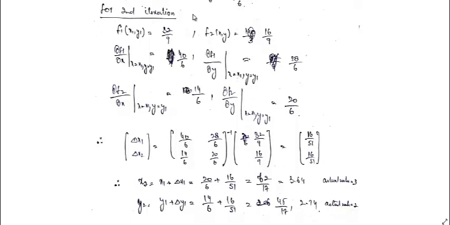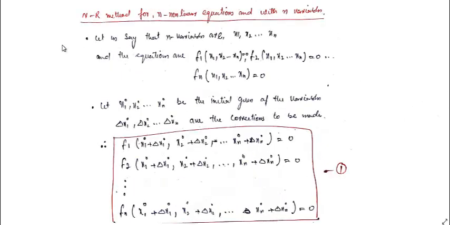This is how we do it for two variable nonlinear equations. So let us try to do it for n variable nonlinear equations. Let us say we have n variables, x1, x2 up to xn, and we have n equations.